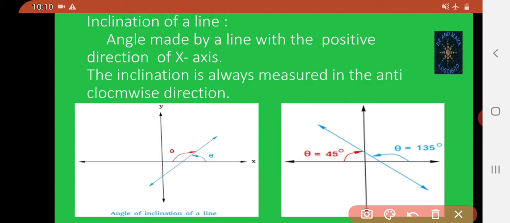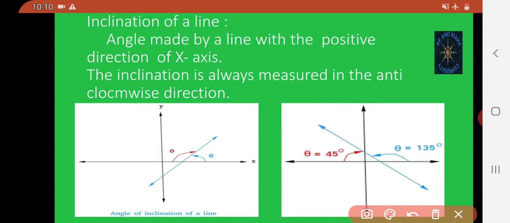Here you see the line L, and the angle between the positive x-axis and this line. Always take the upper ray, not this ray.